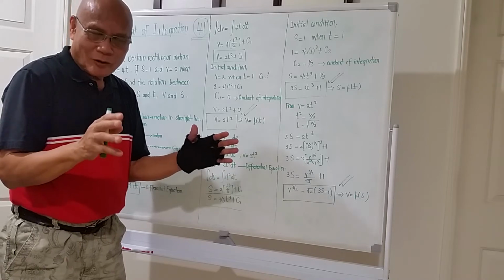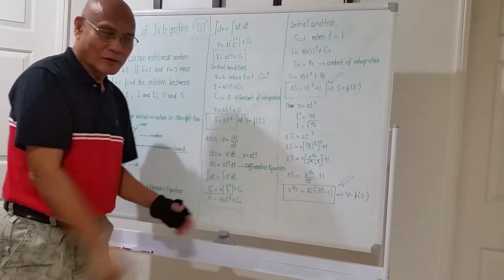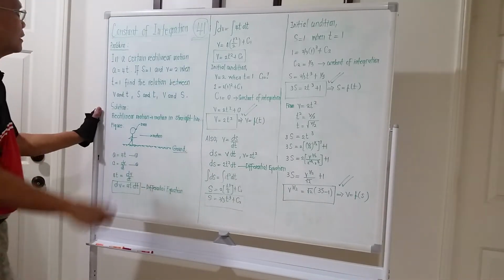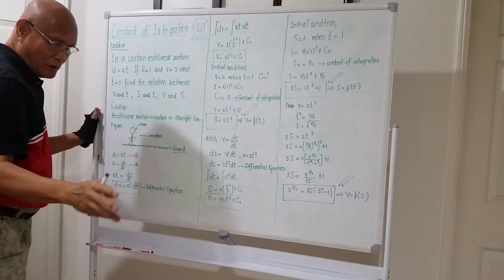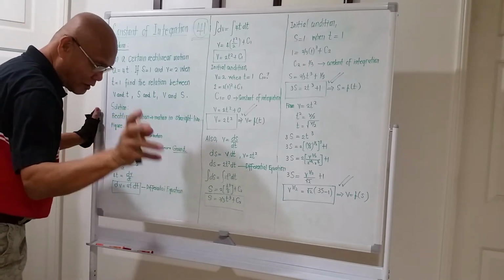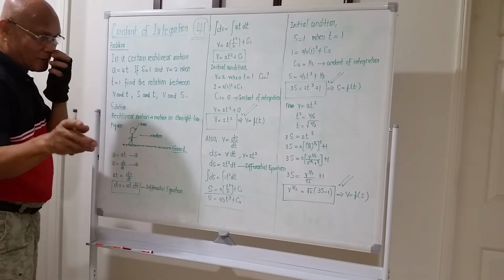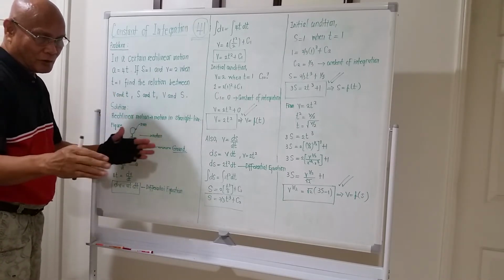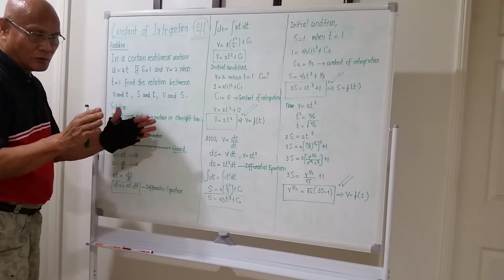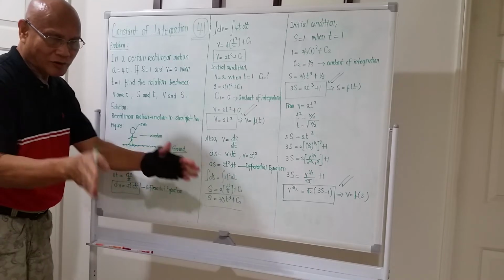And how to solve for that constant of integration, this will be the procedure. This will be the second example. I will give you a specific problem in which the constant of integration is involved, so we will know the importance of the so-called constant of integration.